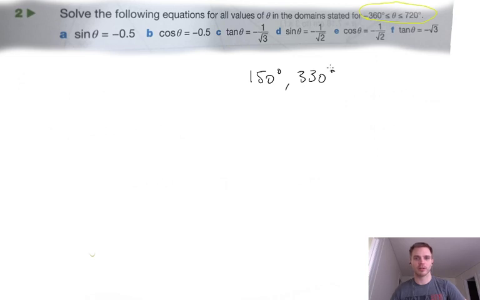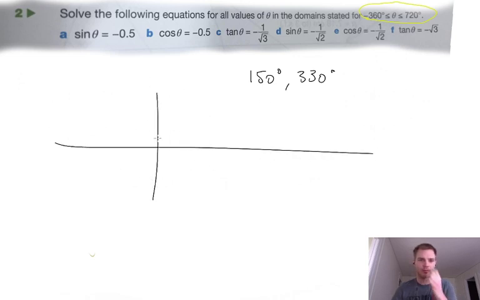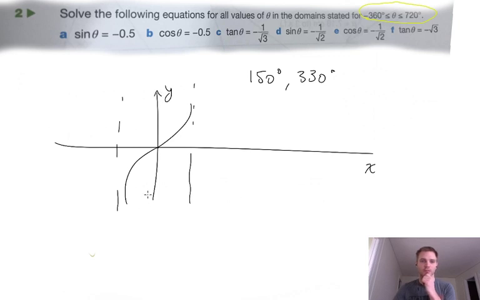Okay, so let's think about this. So I'm going to draw for you the tangent function. Okay, this is off the unit circle, right? This is onto the xy axis. These things here occur at 90, negative 90.